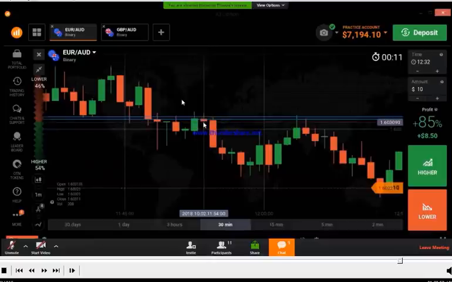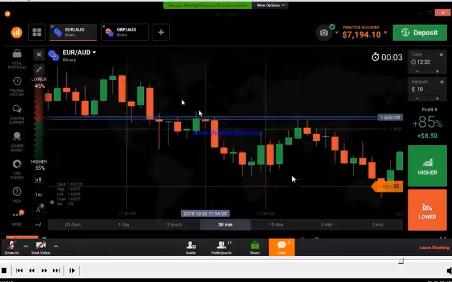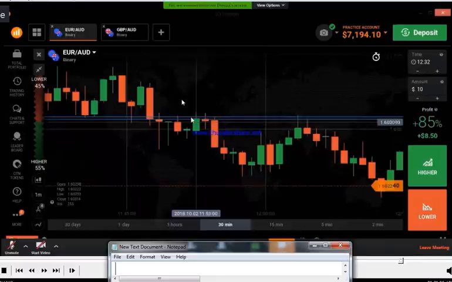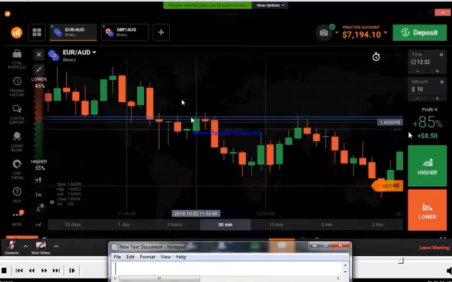If you see one spinning top candle at the strong levels, you can trade quickly on the next candle, because this is a reversal candlestick.